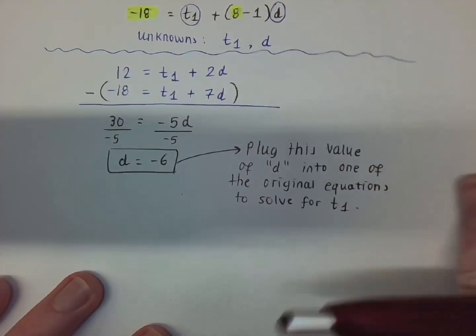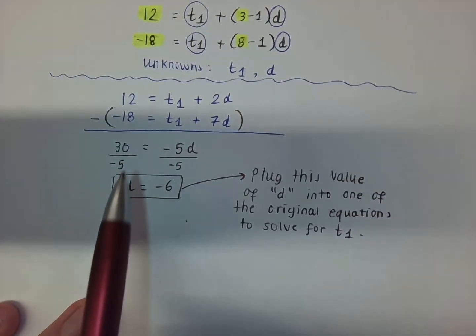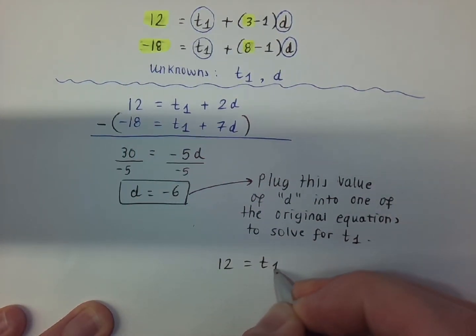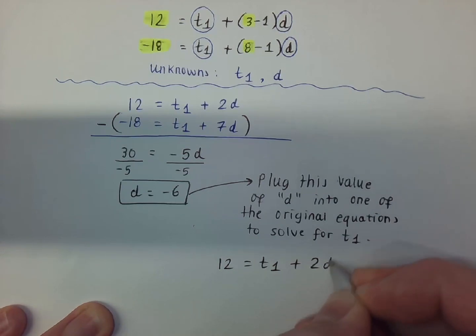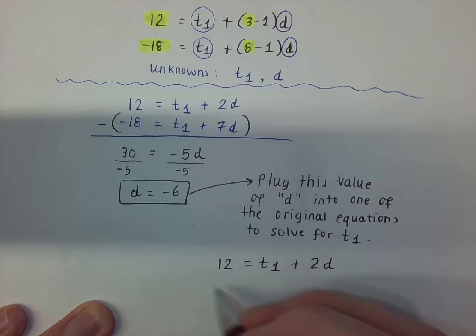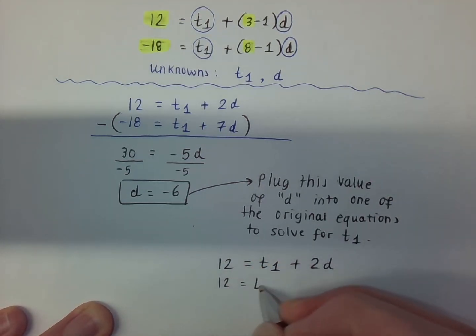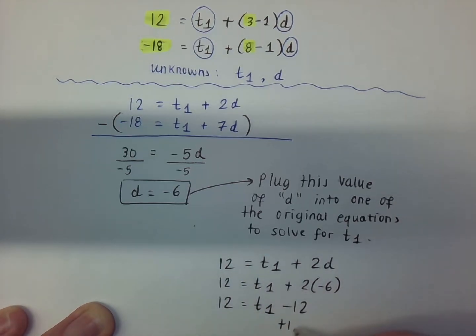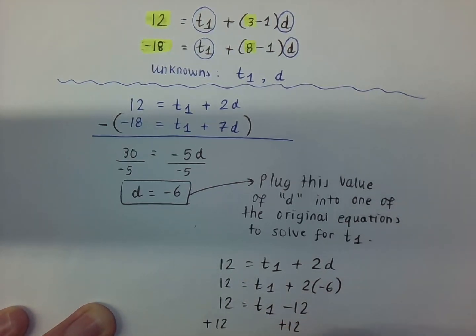So in this case, let's use the top equation. 12 equals T1 plus 2d, but d equals negative 6. 12 equals T1 plus 2 times negative 6. 12 equals T1 minus 12, plus 12, plus 12. T1 equals 24.